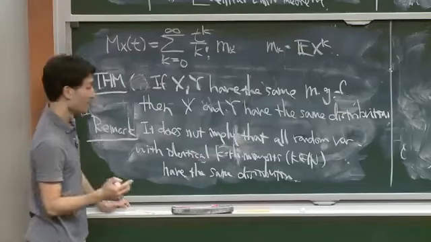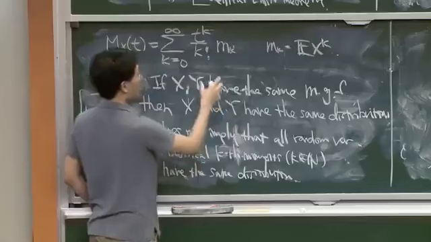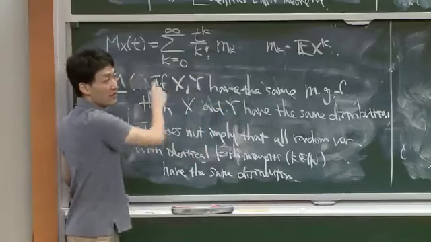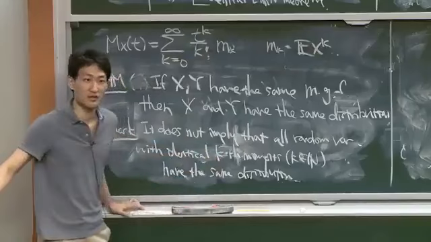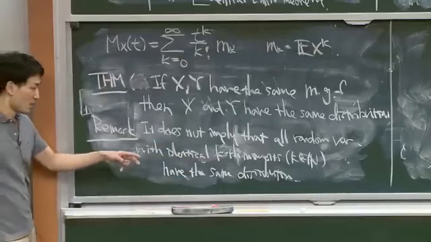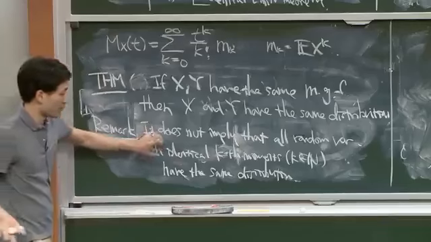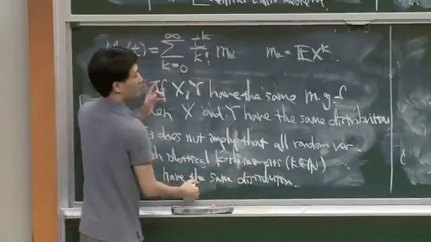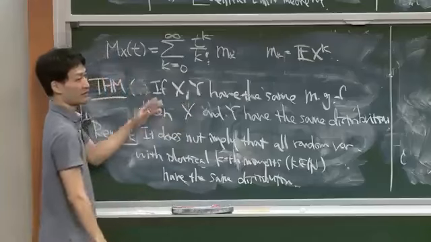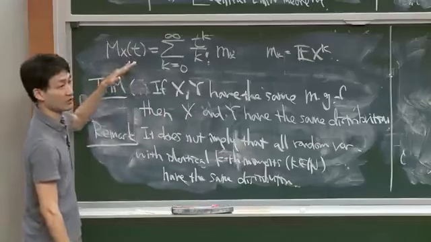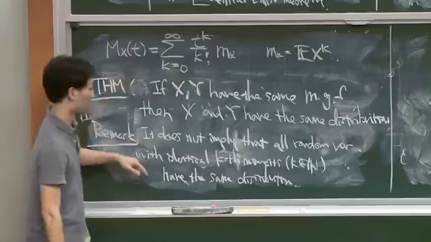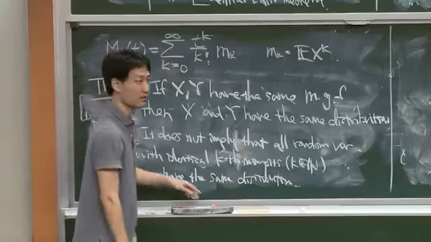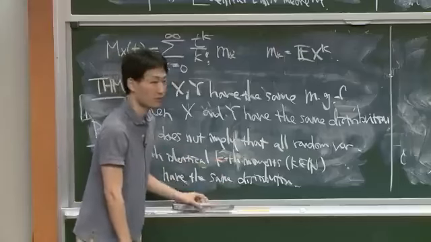Even if they have the same moments, it doesn't necessarily imply that they have the same moment generating function. They might both not have moment generating functions. Okay? So that's the glitch. Just remember that even if they have the same moments, they don't necessarily have the same distribution. One reason is that the moment generating function might not exist. If you look into Wikipedia, you'll see an example of two random variables where this happens.